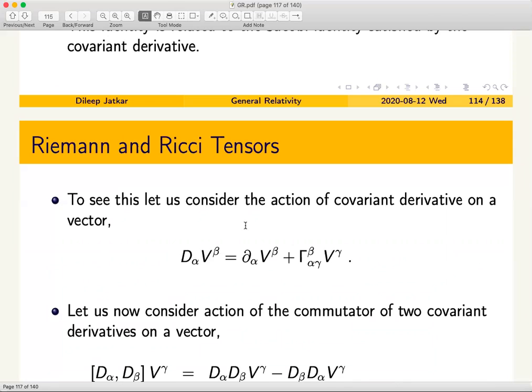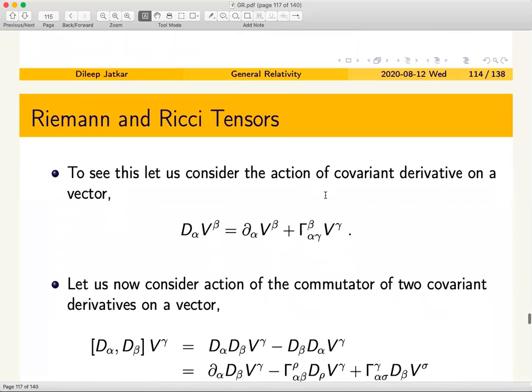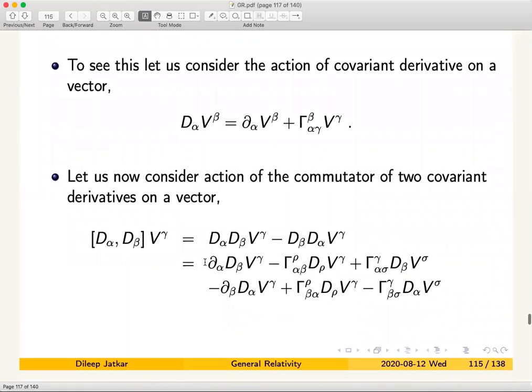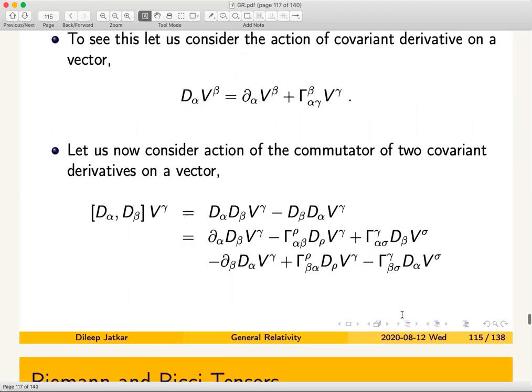Once you take that, you could ask what is the commutator of two covariant derivatives, and we computed this also last time. You get minus signs here simply because that is when the covariant derivative is acting on a covariant index object, and you can write down this expression.